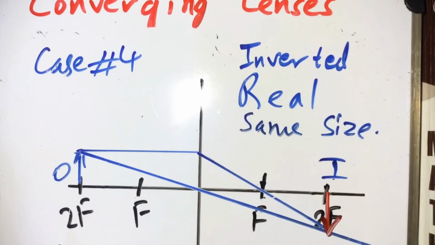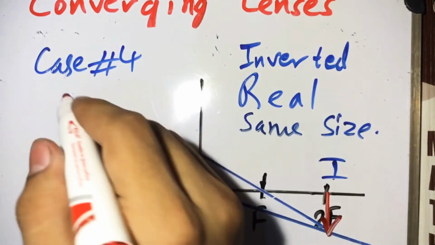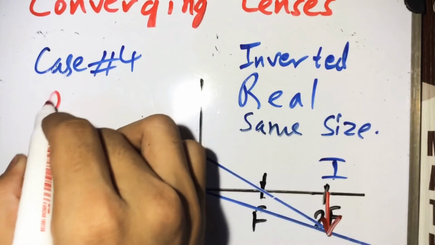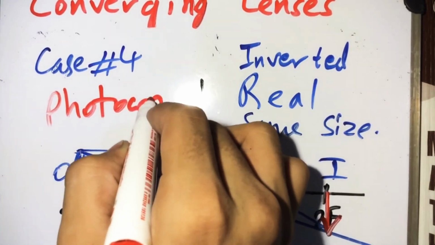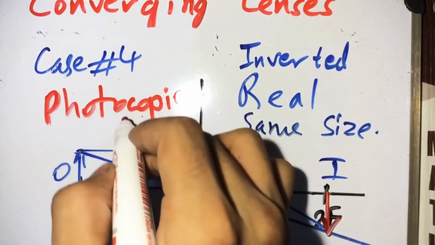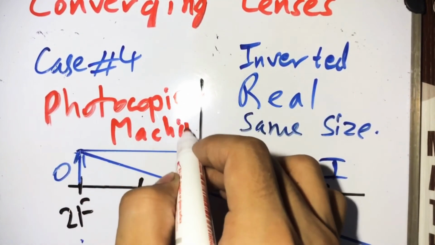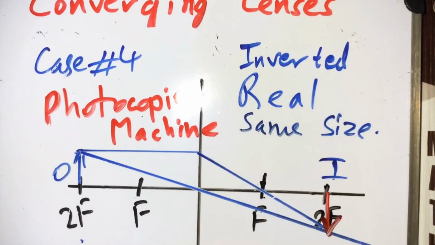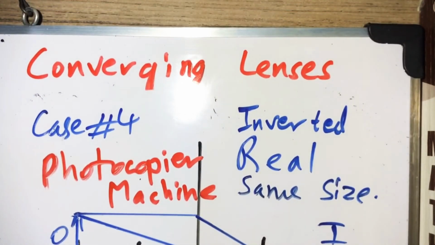So for an object at 2f, the image is also formed at 2f. Now this is used in a photocopier machine. So that is the application. This was case number 4.